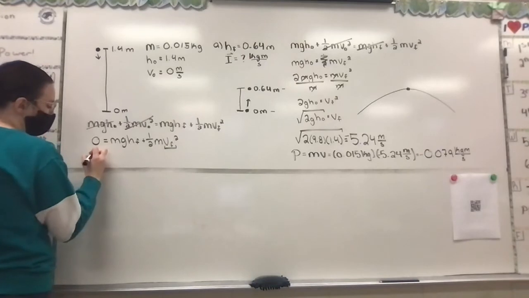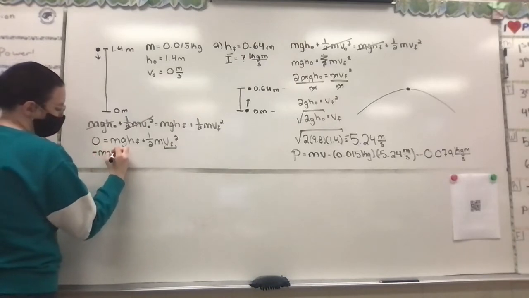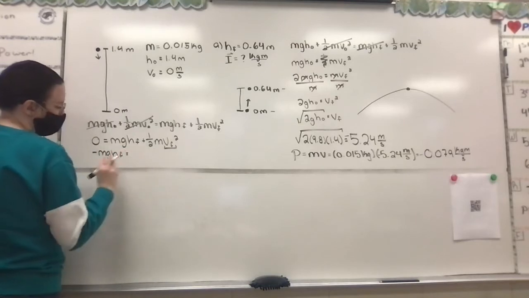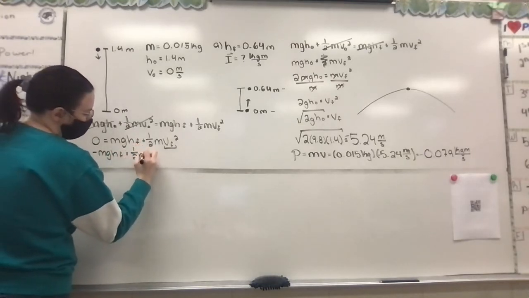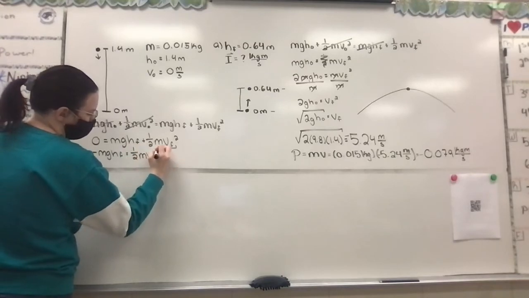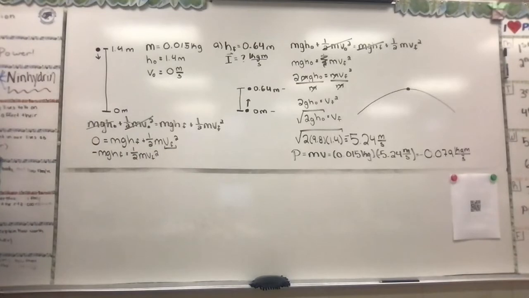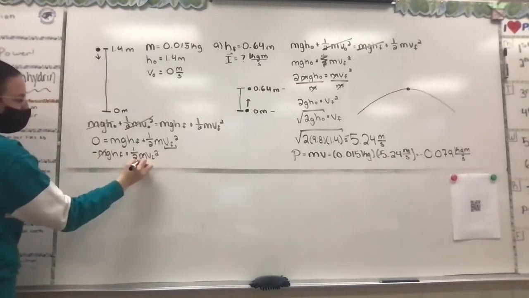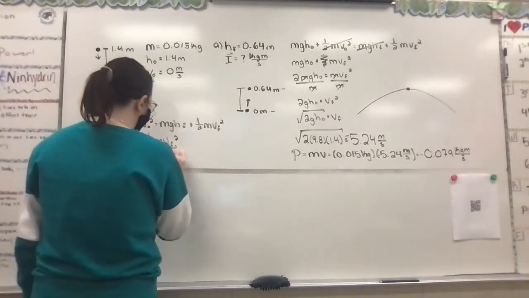So we can subtract the mg h final from both sides and get that negative mg h final is equal to 1/2 m v final squared. And then what happens with our m's? They're going to cancel. And then what are we going to do with this 1/2? We're going to multiply by 2.